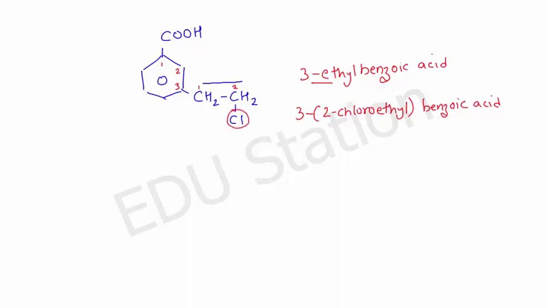Now let's make one more variation. We remove this H and put a CH3 over here. So you have CH3. Now if you number the carbons, it will be 1, 2.